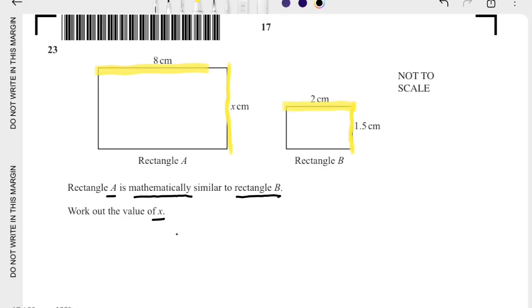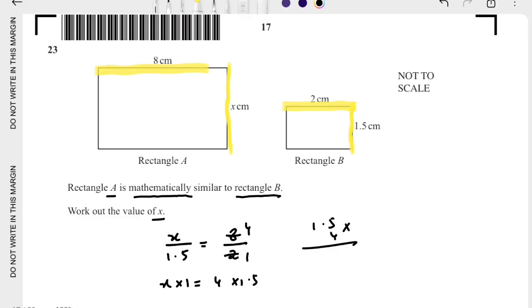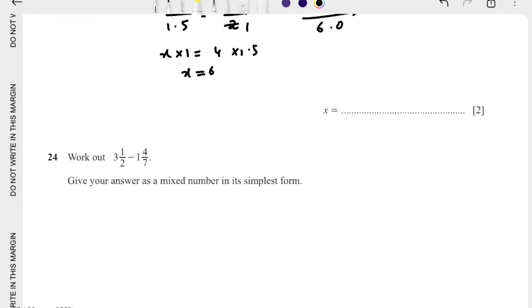So it will be x upon 1.5 is equal to 8 upon 2. So cross multiply, 2 ones are 2, 4 eights are 8. So x times 1 is equal to 4 times 1.5. So 1.5 times 4 would be equal to 4 fives are 20, carry 4, ones are 4, 6. So the value of x would be 6. Next question.